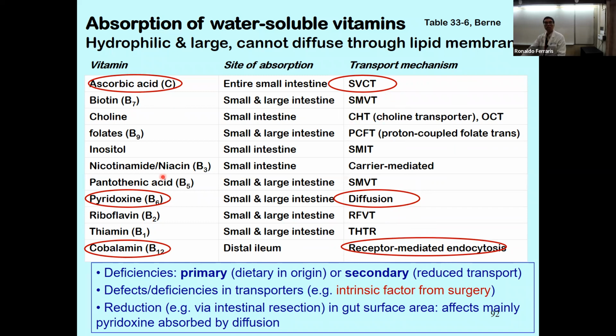So vitamins, if you look at their structure in Wikipedia, tend to be hydrophilic and very large. And other than pyridoxine, they cannot diffuse through the lipid membrane. So they need transporters. And other than these three, you don't have to know the names of these transporters.